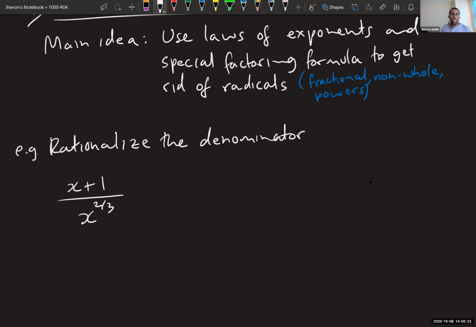And the idea is to multiply and divide by something so that I can take advantage of laws of exponents and things of that sort. So what would I multiply and divide by here?